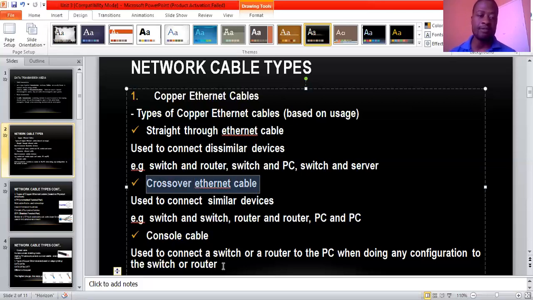And then the console cables are used to connect devices to the computer when you are doing configuration, because you need to connect your switch to a router, or a switch to the PC, or the router to the PC to do the configuration. Okay, so you need a console cable. Okay, moving on.